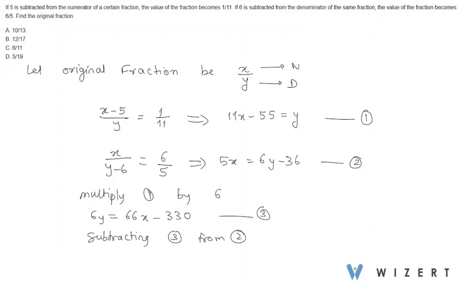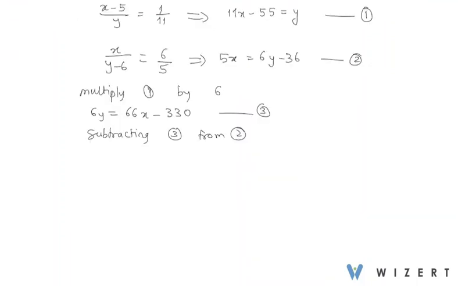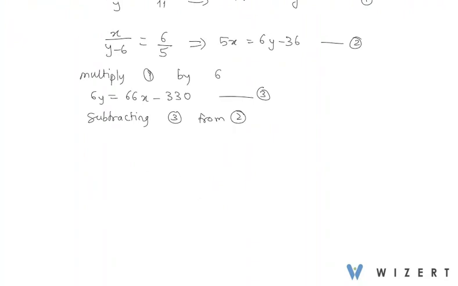What we get here? Let's see. Let's write equation 2 in this way. 6y minus 36 equal to 5x. So 6y minus 6y.